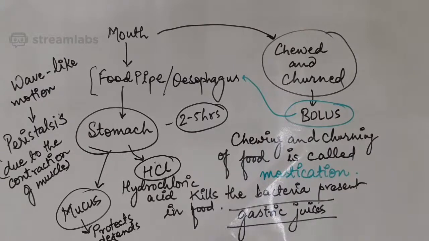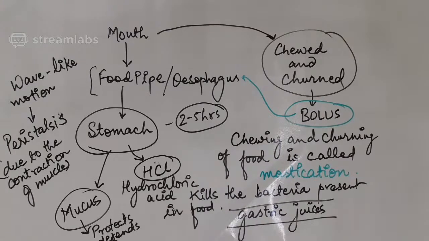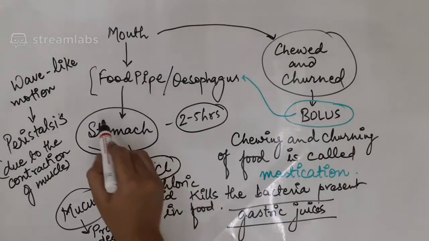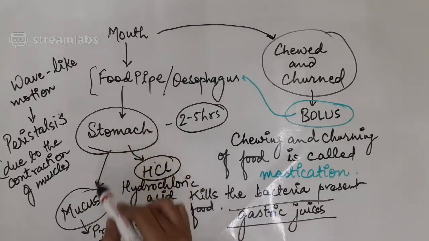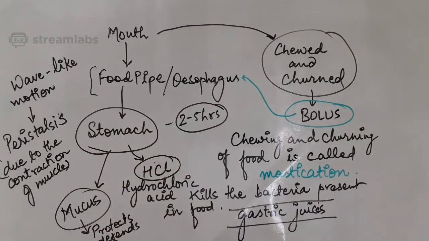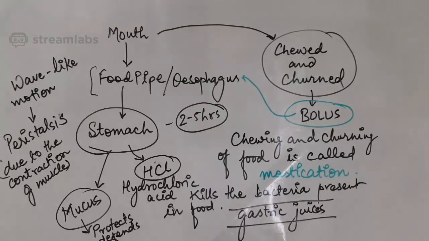The gastric juice is rich in hydrochloric acid and enzymes which are helpful in the digestion of proteins, fats and other nutrients present in the food. Now the food which is present in the stomach goes into the small intestine for further digestion and absorption.